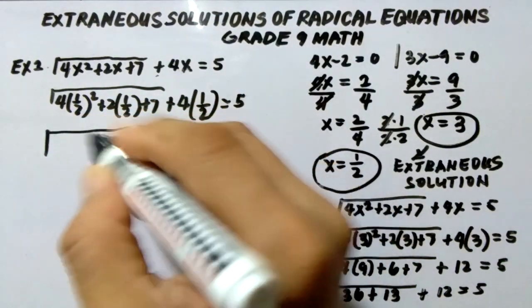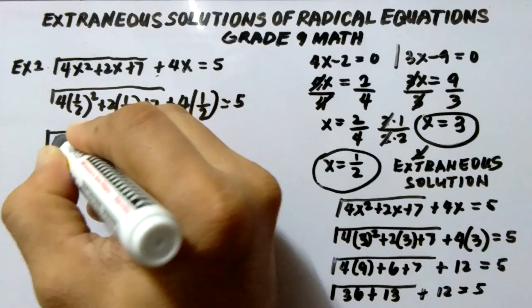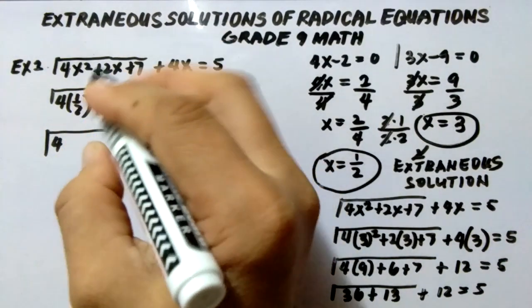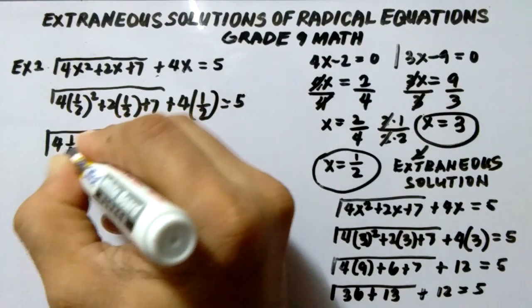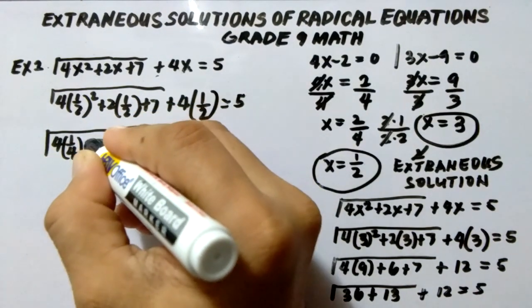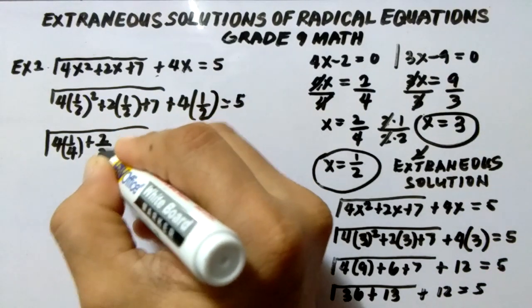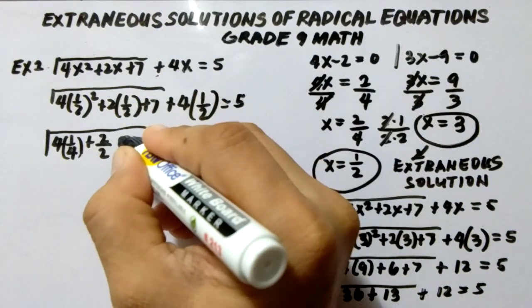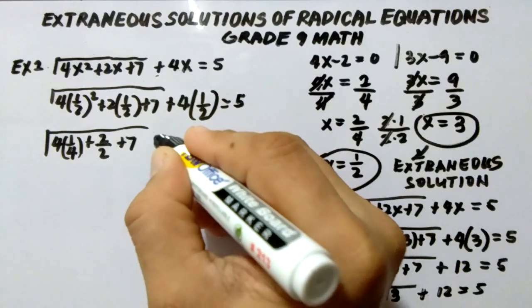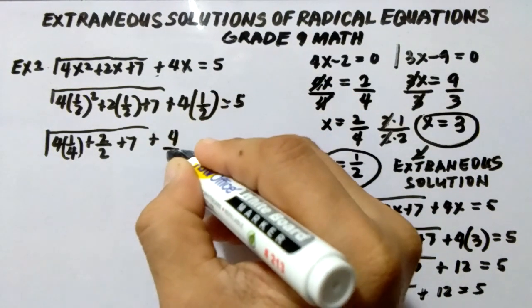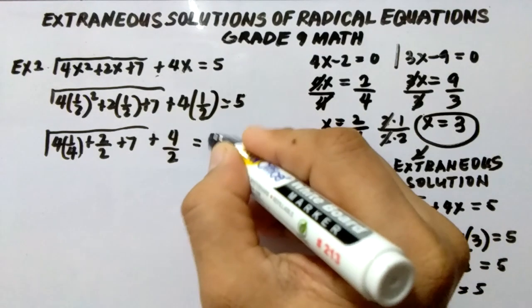So, we have square root of 4. So, 1/2 squared. So, ibig sabihin, 1/2 times 1/2, that is 1/4. Plus, so 2 times 1, that is 2/2. Okay, plus 7. Then plus, so 4 times 1, that is 4/2 is equals to 5.